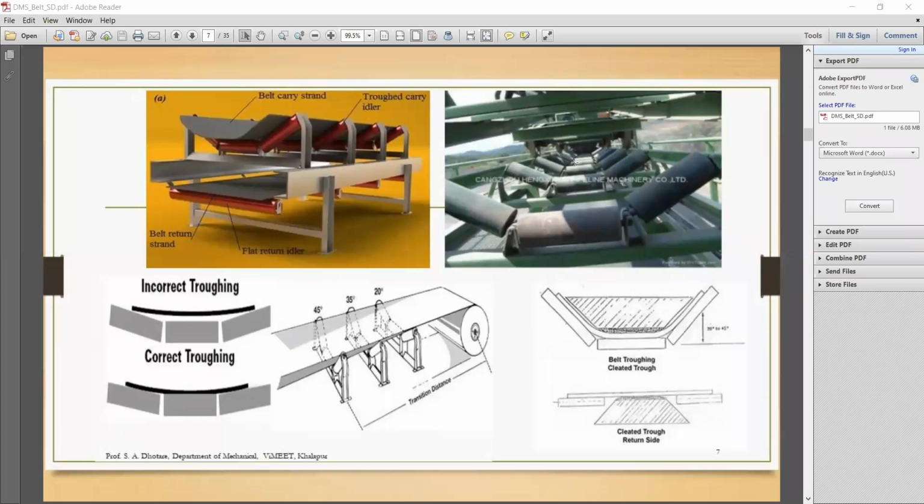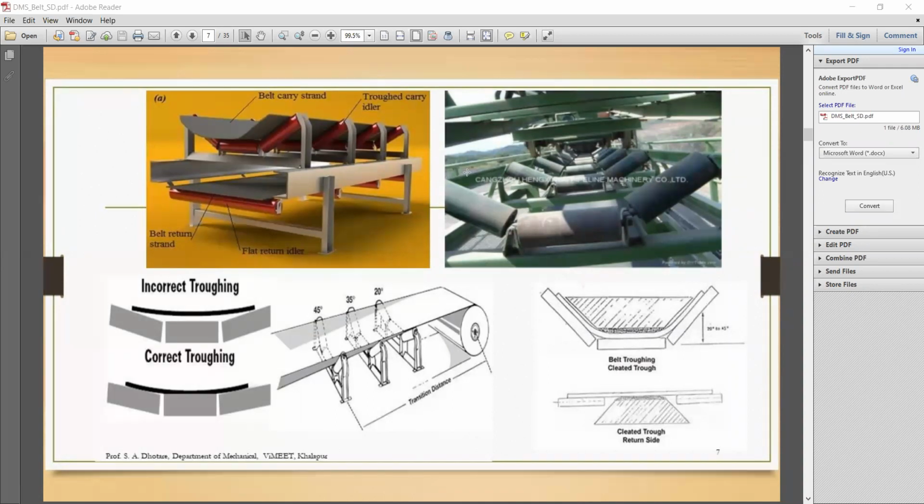There are some advantages of a troughing belt conveyor over the flat one. First, the volume carrying capacity of a troughed belt conveyor is higher than that of a flat belt conveyor because of the troughing shape of the belt. It can be operated at a higher speed compared to the flat belt.